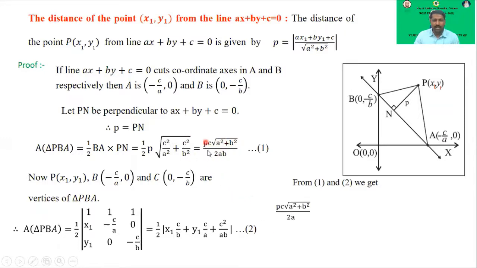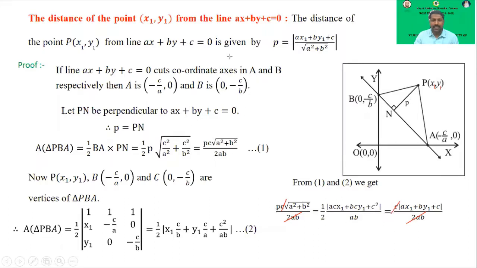So this is the LHS, p c root(a square + b square) upon 2ab, and this is the RHS, half times the expression. Here we have taken the LCM of these three terms. We made the denominator of all three terms ab, so this term is multiplied and divided by a, and that term by b. So the denominator is the same, ab. Now 2ab cancels with this 2ab, and one of the c cancels with this c.